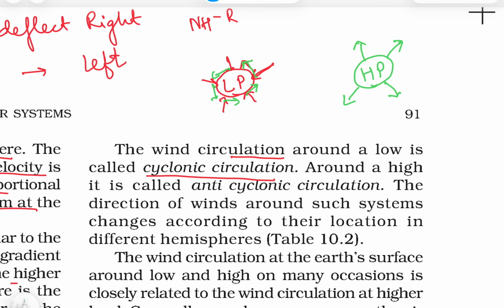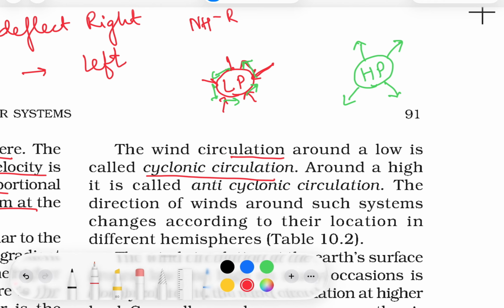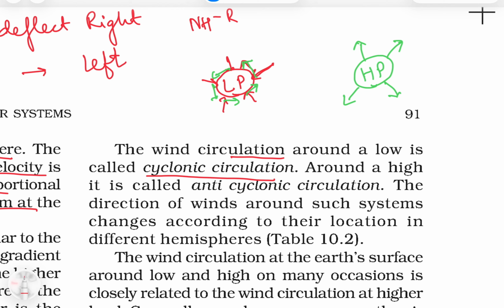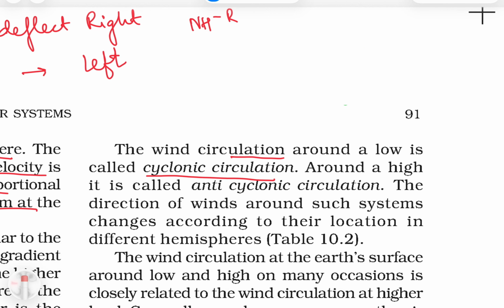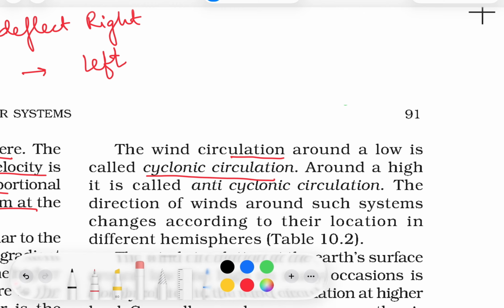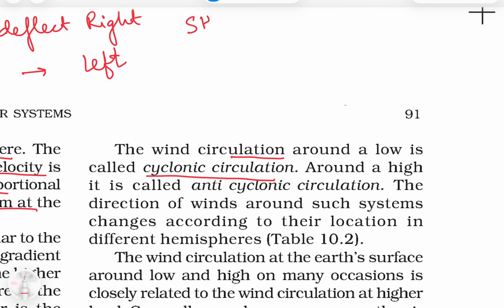So now instead of moving, it will deflect in the right side. And in case of the southern hemisphere, deflection is toward the left side.